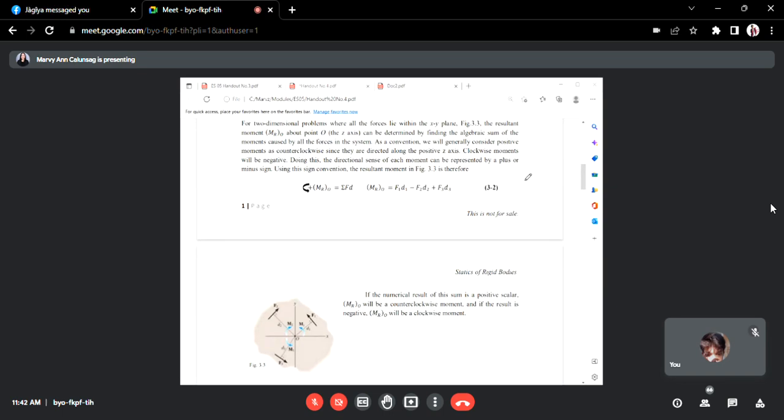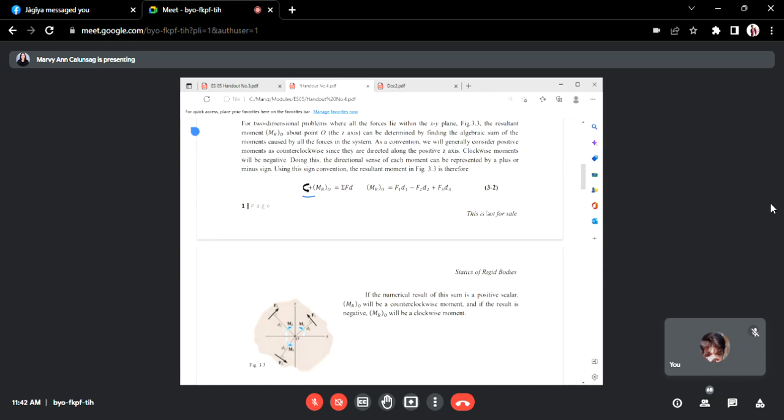As I have said, this resource book specifies counterclockwise rotation as positive. Clockwise moments are negative. Doing this, the rotational sense of each moment can be represented by a plus or minus sign.